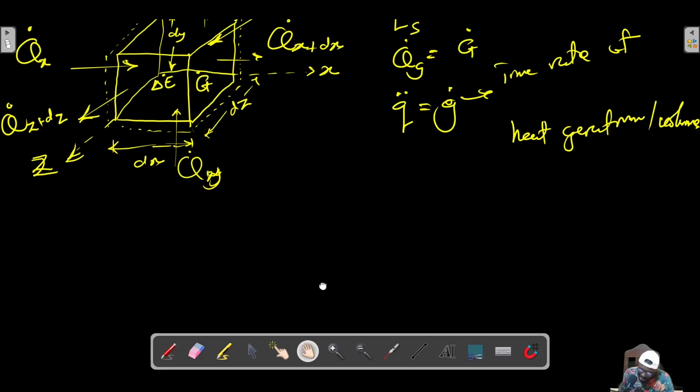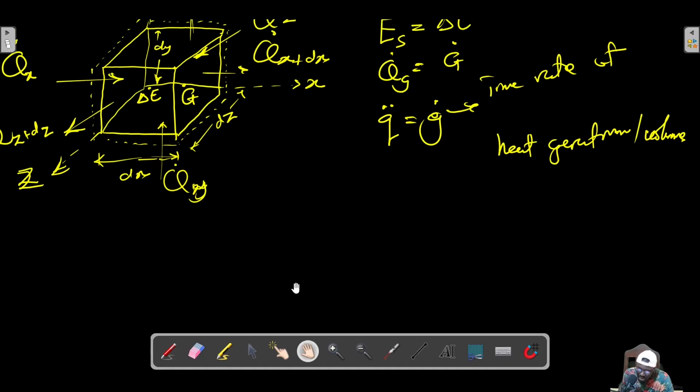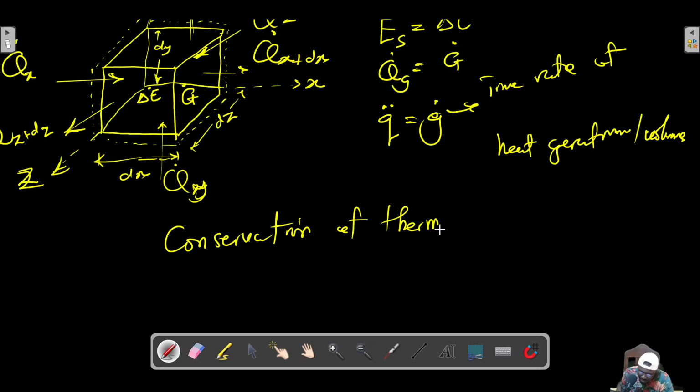Now, there's one thing you need to know. After defining all these terms, what do we do? Now, from conservation of thermal energy, what does conservation of thermal energy say? From thermodynamics, conservation of thermal energy.